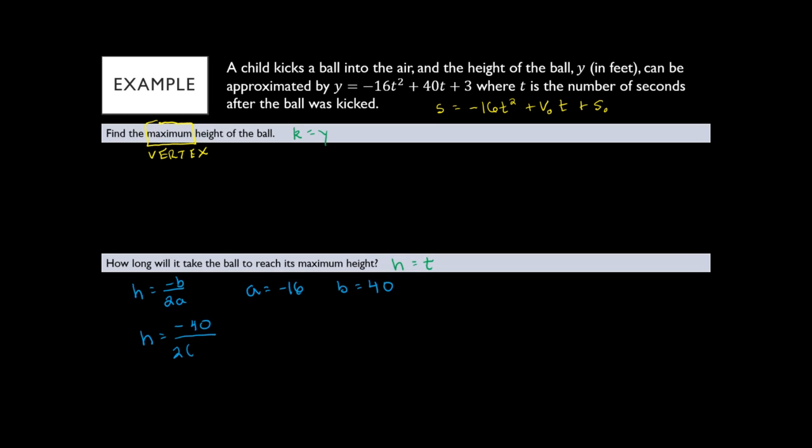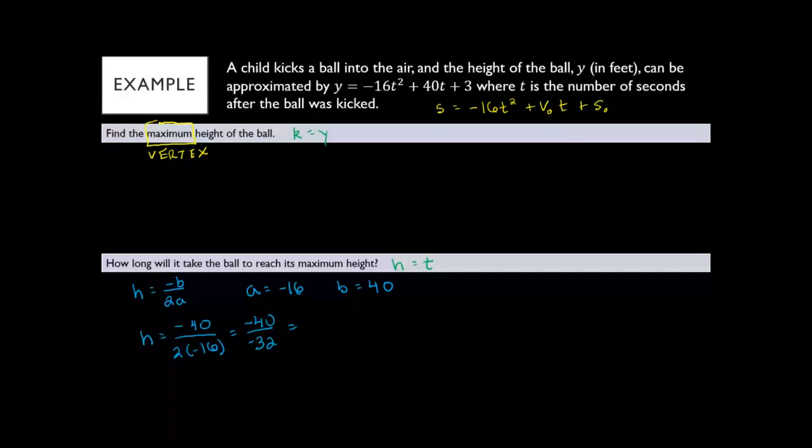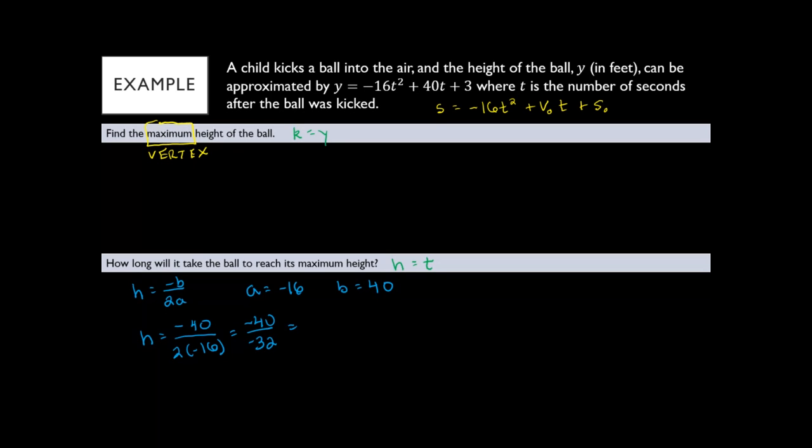And then we have 2 times negative 16. So negative 40 over negative 32. And so this is actually going to give us a fraction. 40 over 32. I'm using my calculator to do that for me. We're going to get a positive 5/4, or if you write that as a decimal, that's 1.25.